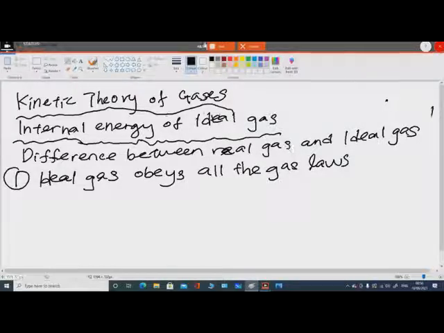As for the real gas, it does not obey all 3 laws.